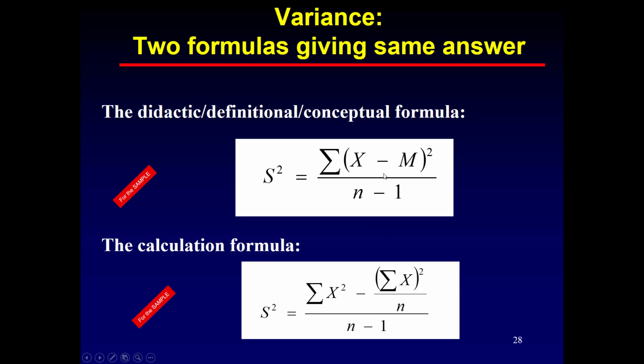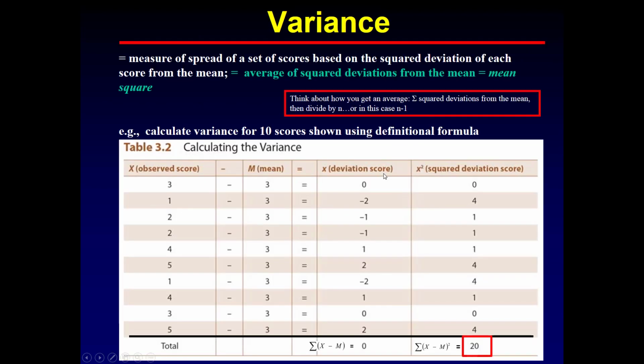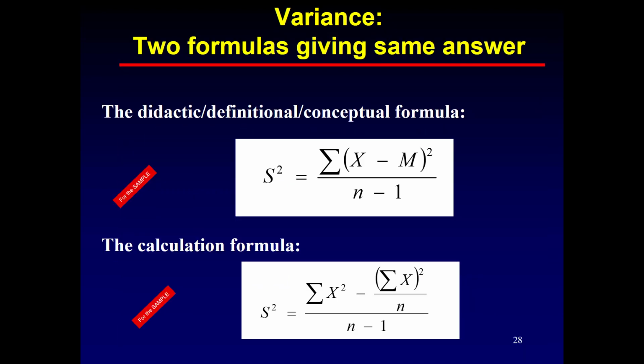Now, I don't know about you, but going through and creating this chart and doing this calculation is a huge hassle. So you'll notice on your yellow sheet, you also have what's called the calculational formula for the variance. In this case, you can simply use this output from your calculator, which all of you should be pretty adept at right now. Take this output from your calculator, square it, plug these numbers in, use your order of operations, and this will take you half of the time as compared to this way of determining the variance.